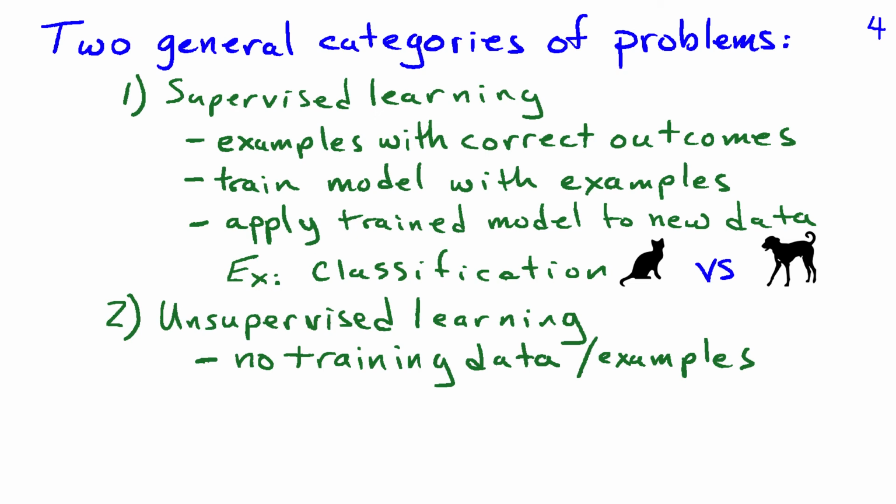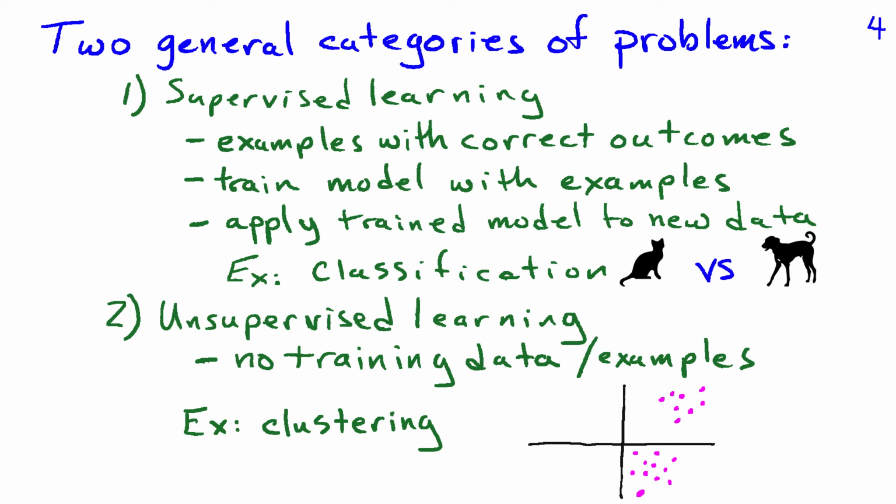Now the other category of problems is unsupervised learning. And in this case, you don't have data where the truth is known or where you have examples of the correct outcomes. And in these types of problems, it's common to use models to differentiate general characteristics of the data. So for example, you might collect some data and believe that it should be clustered in two groups.